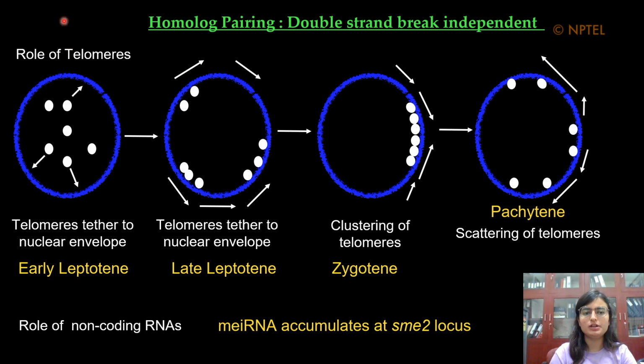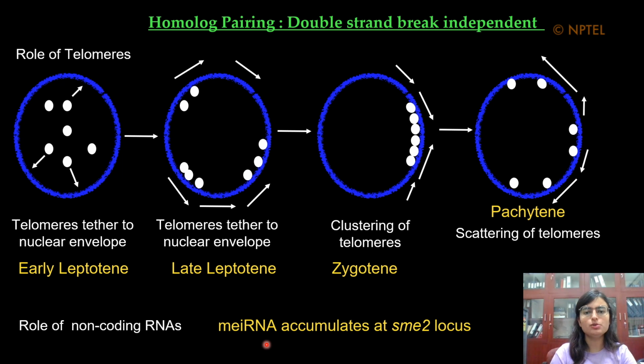Other than the role of telomeres and centromeres in double-strand break independent homolog pairing, there is another candidate which is absolutely essential to allow homolog pairing, and these are the non-coding RNAs. Studies in fission yeast show that MEI2 encodes an RNA binding protein which functions at two stages.